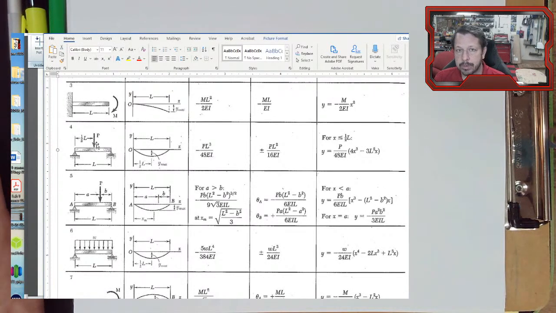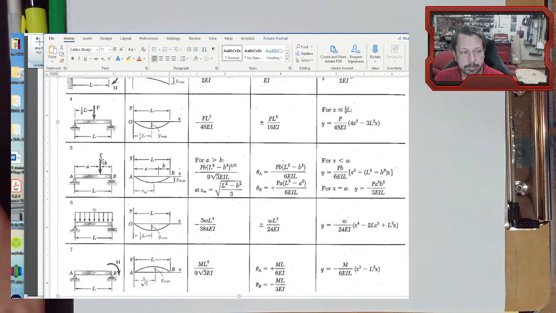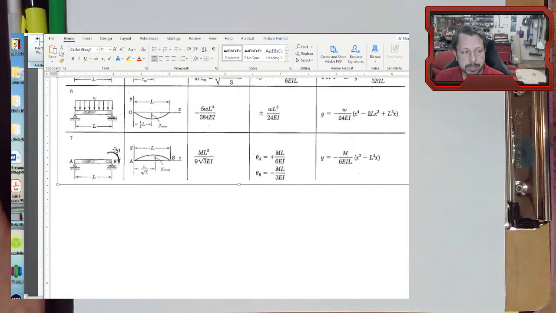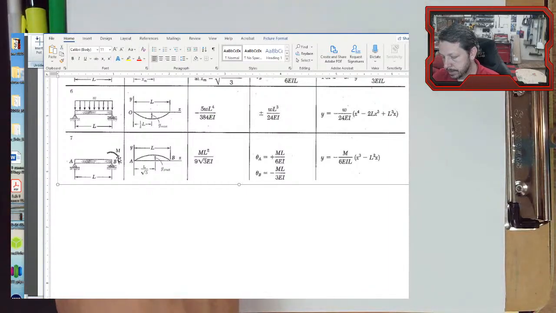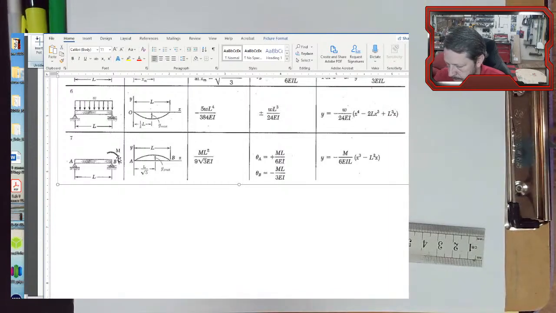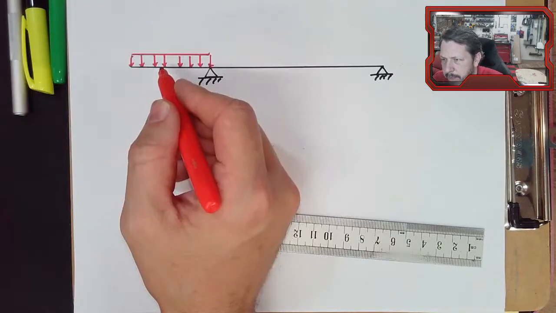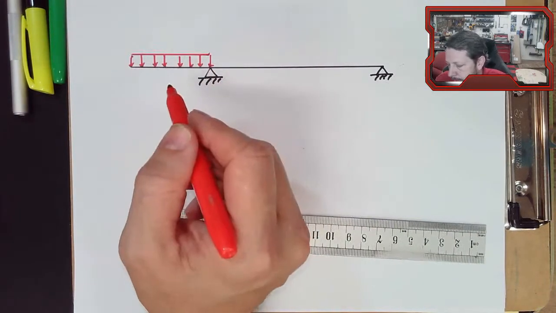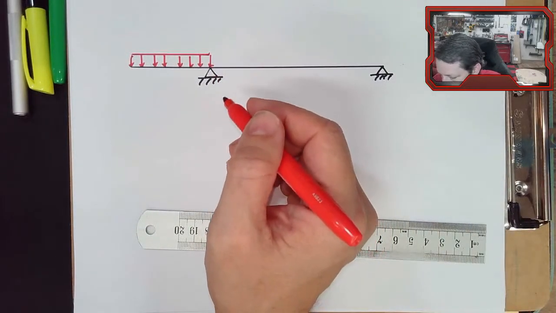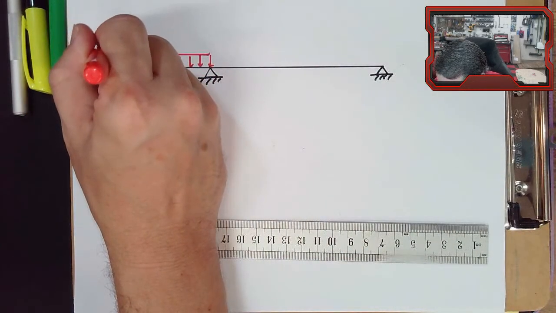I don't know a way to do any of these three here, but this one's not that far off. So we're going to use this case 7 mirrored to create this effect. In fact, let's put some numbers on it and actually calculate the thing. Let's say that this distributed load is 3 kips per foot.